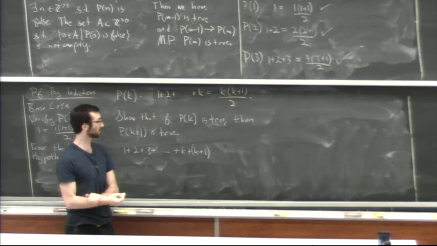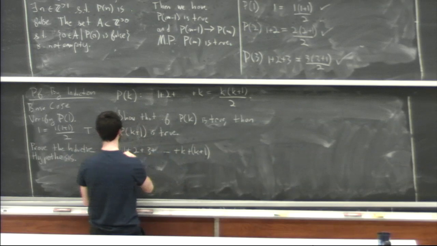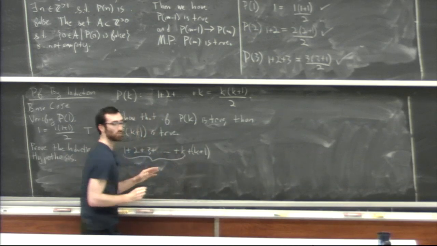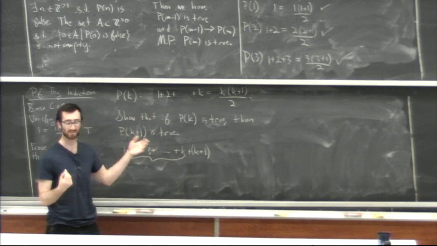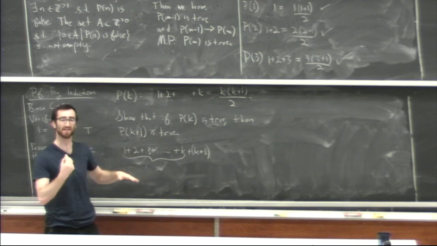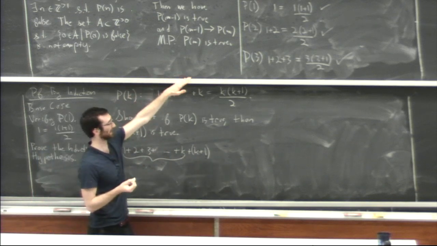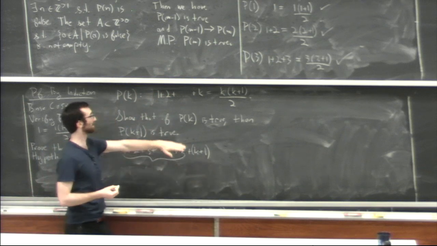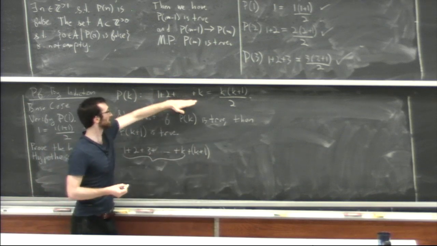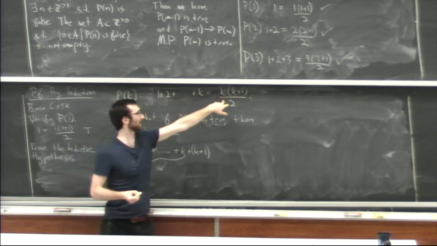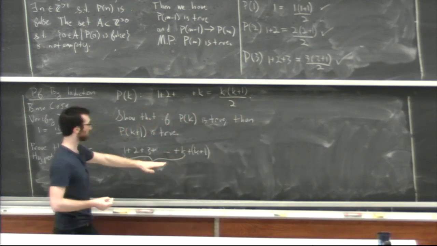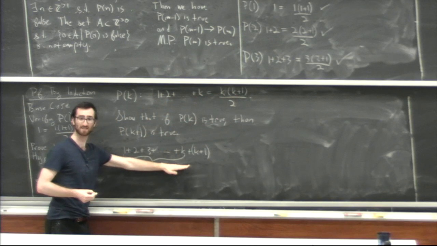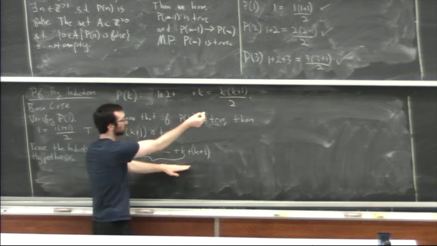So the first thing that I'm going to do is I'm going to recognize that somewhere in the statement of P of k plus 1 is something involving the statement of P of k. In this case, if I'm looking at this sum, and I'm assuming that the sum from 1 up to k is k times k plus 1 over 2, what I'm going to do is I'm going to replace this expression with what it's equal to.